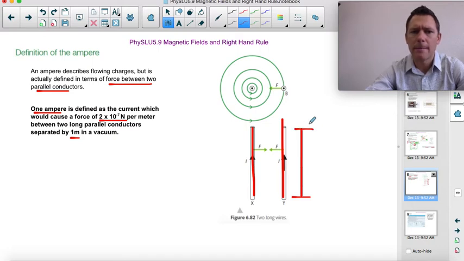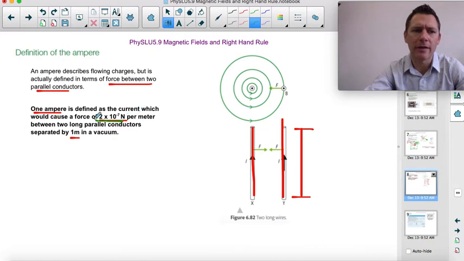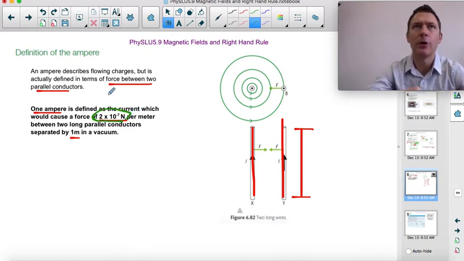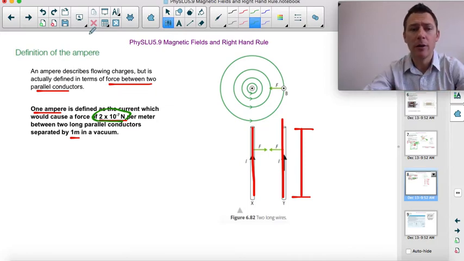That's a little arbitrary, and it's a little too deep for us to get into why they chose this. But we talk about amperage as the flow, but current is also, to be more specific, defined by the force that they feel, because we can measure that a little more accurately than we can actual numbers of electrons flowing.